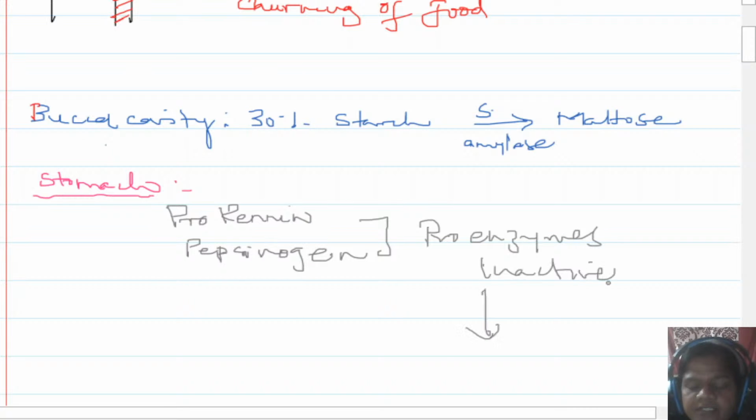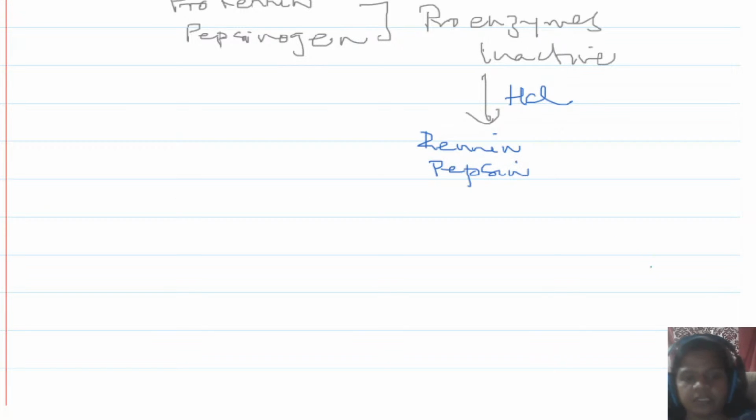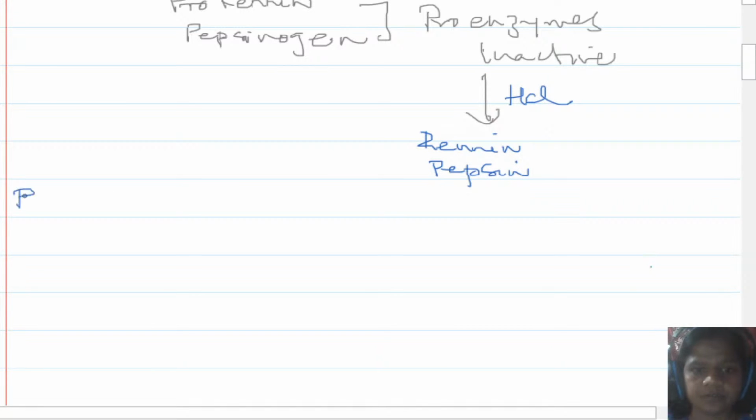These are converted to active state in the presence of HCl. In the presence of HCl, they are converted to renin and pepsin. So the component that is digested in the stomach is proteins. Not the complete digestion, but a part of it.